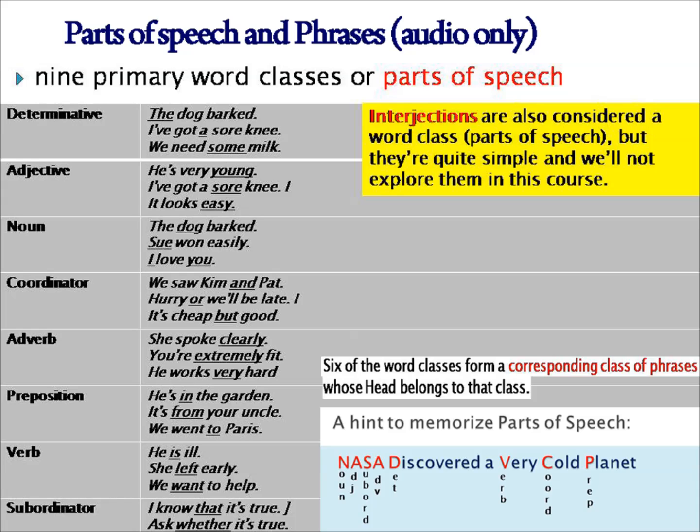Determinative. What are determinatives? Take this. The dog barked. The is working in relation to the word dog. The is determining that the dog I'm talking about is a specific dog. Okay?